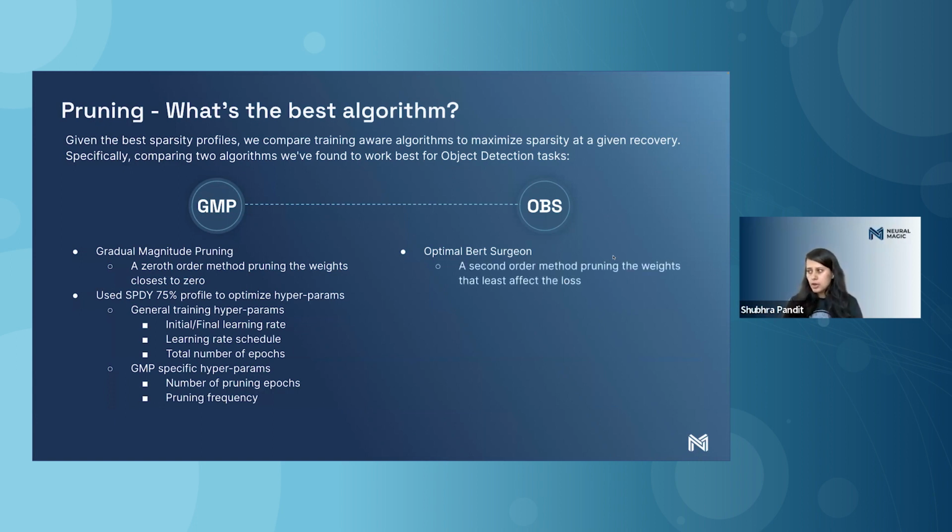And we also looked at OBS, optimal brain surgeon, and you might know that this is a second-order method where you really look at the approximation of the curvature of the loss, and this method really tries to prune weights that would affect the loss the least.